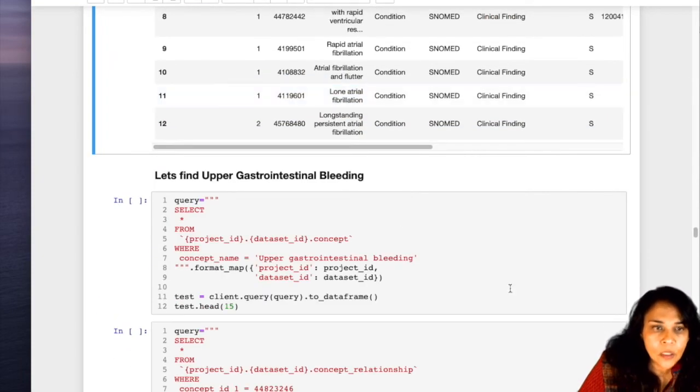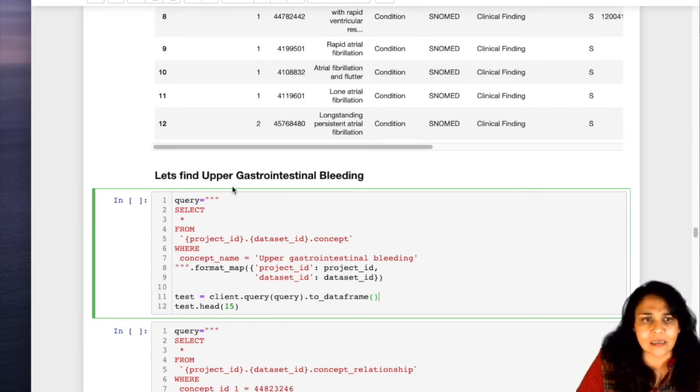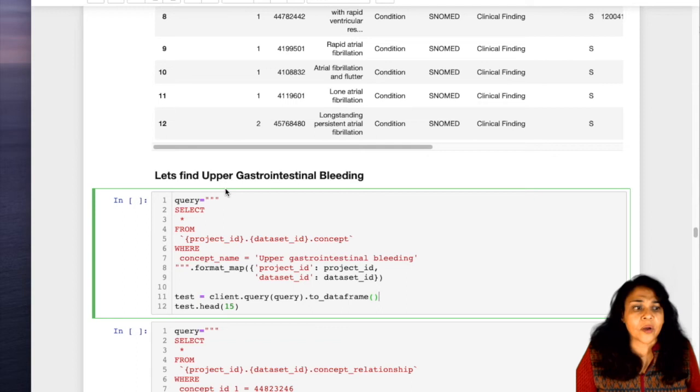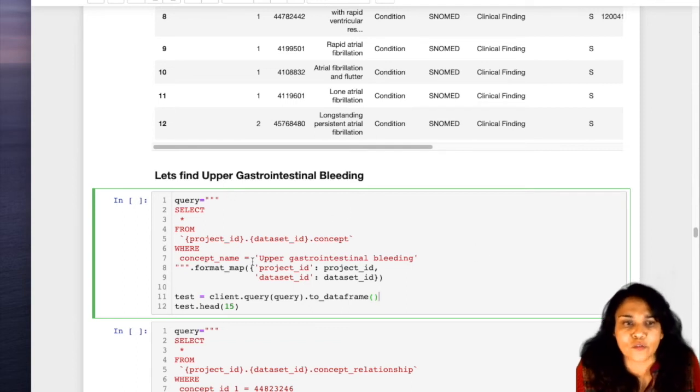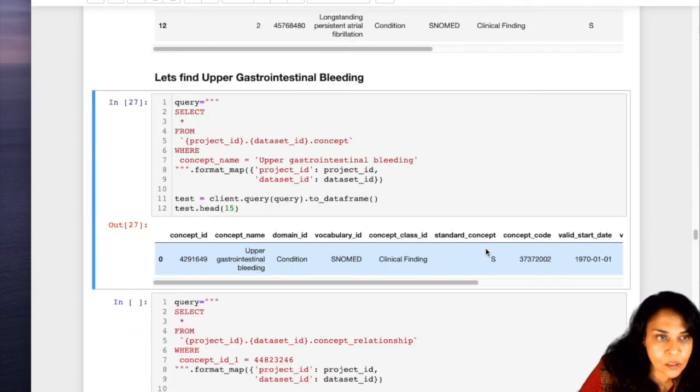Okay, so now suppose we wanted to find upper gastrointestinal bleeding. We don't know what the concept ID is. We don't know what its concept code is in any particular vocabulary. So let's just search with the name. Okay, so there is a concept named upper gastrointestinal bleeding.